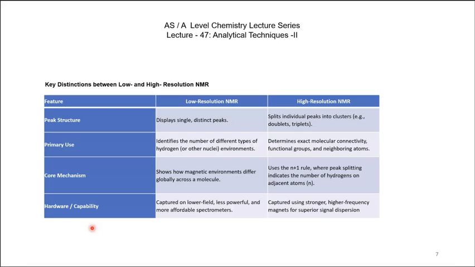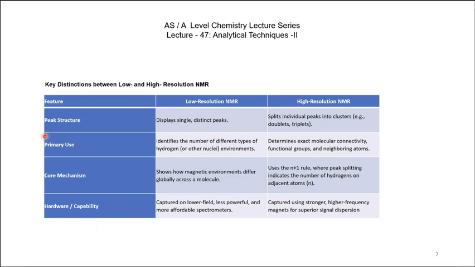Okay, here we have to consider another thing, that we have low resolution NMR spectrometers and we have high resolution NMR spectrometers. How can I distinguish between low resolution NMR spectroscopy and high resolution NMR spectroscopy?